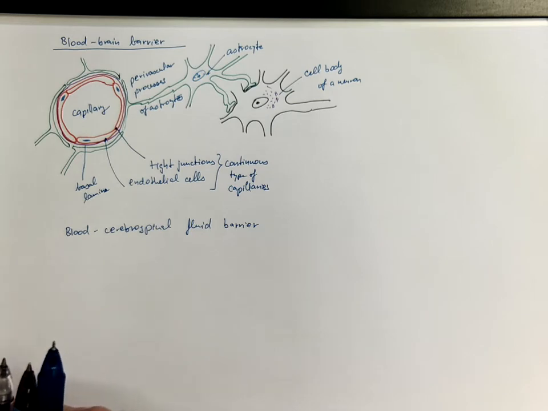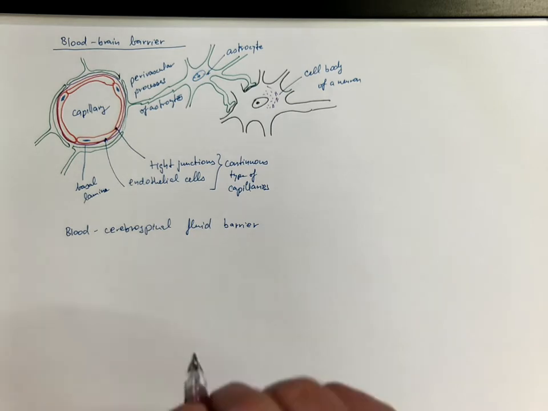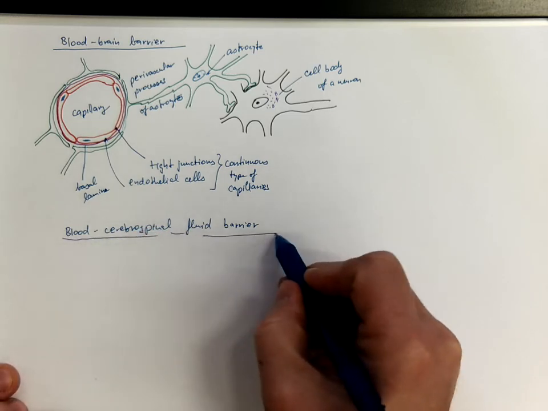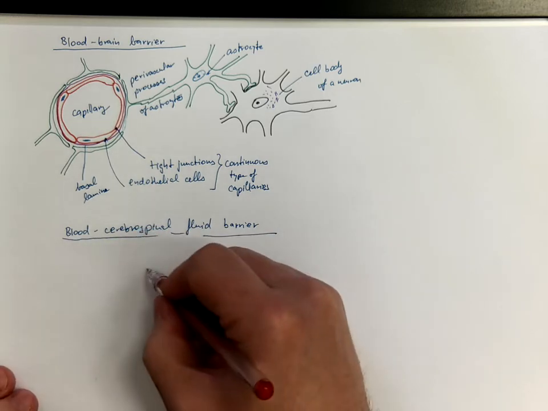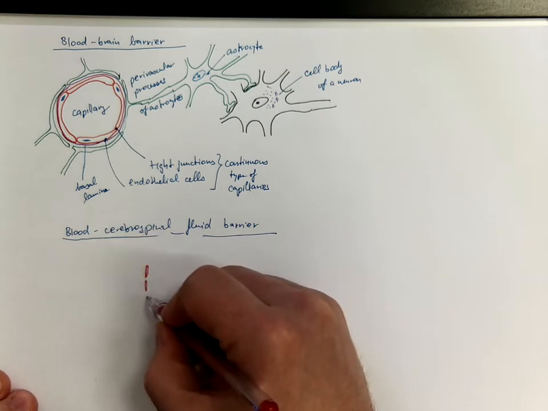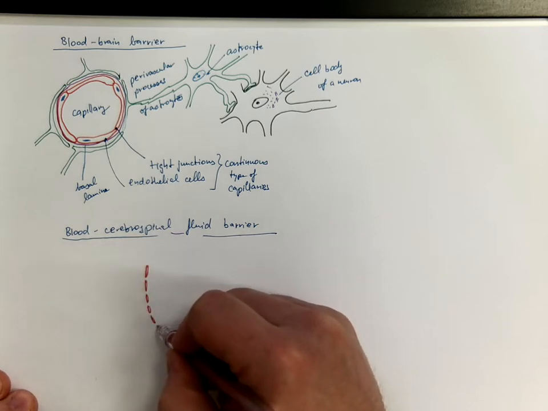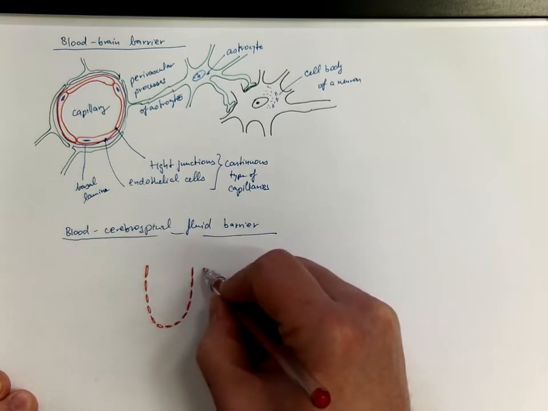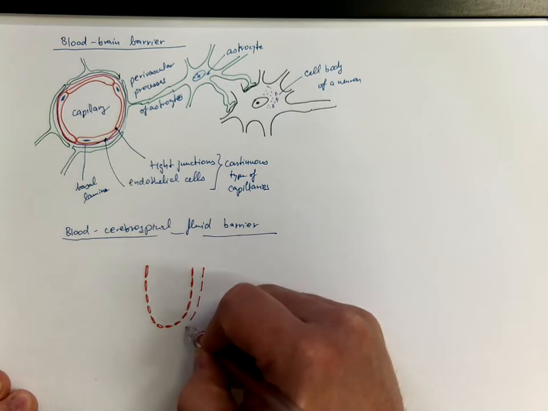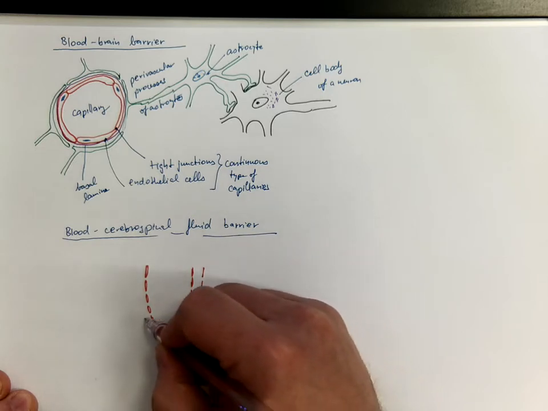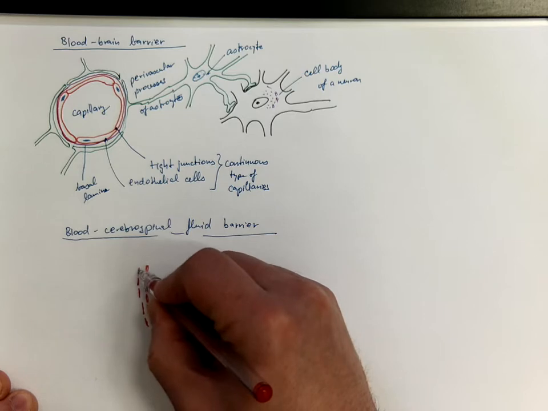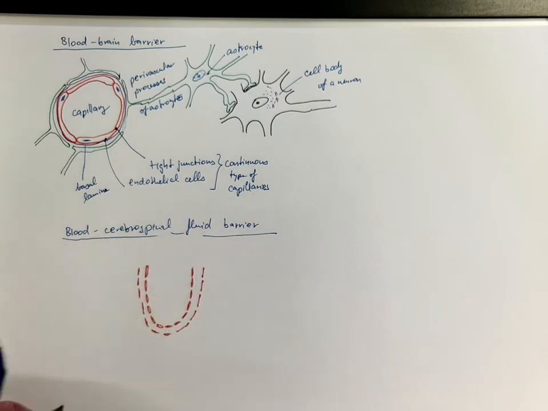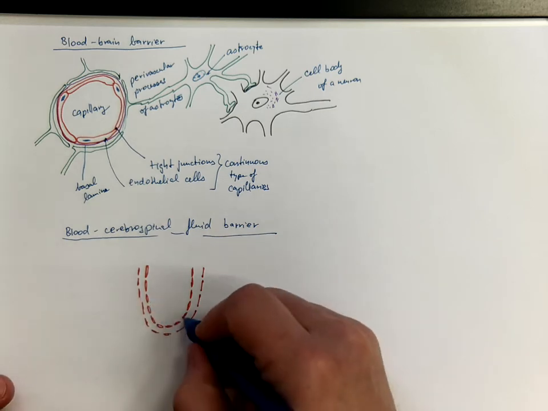The cerebrospinal fluid is produced in the choroid plexus, which contains capillaries that are much more permeable because they are lined with so-called fenestrated endothelium. So there are microscopic gaps between and inside the endothelial cells.